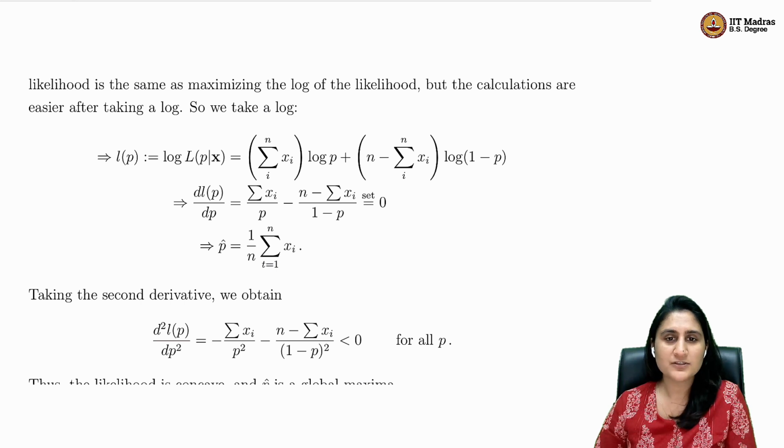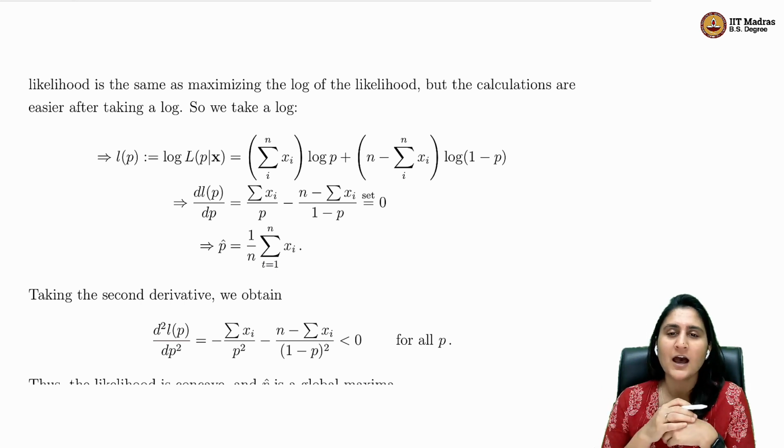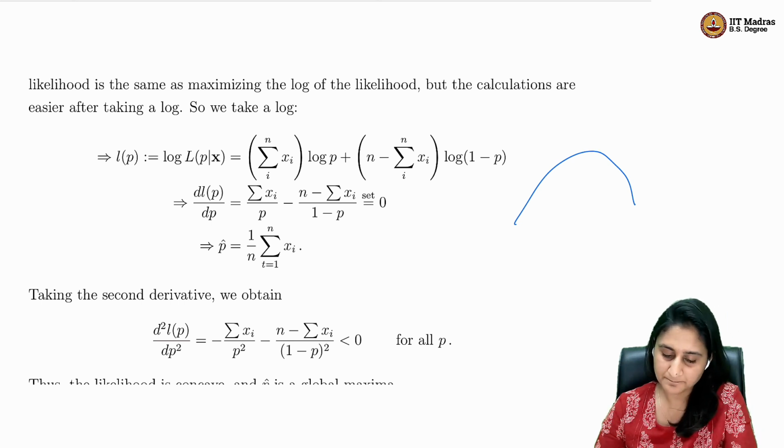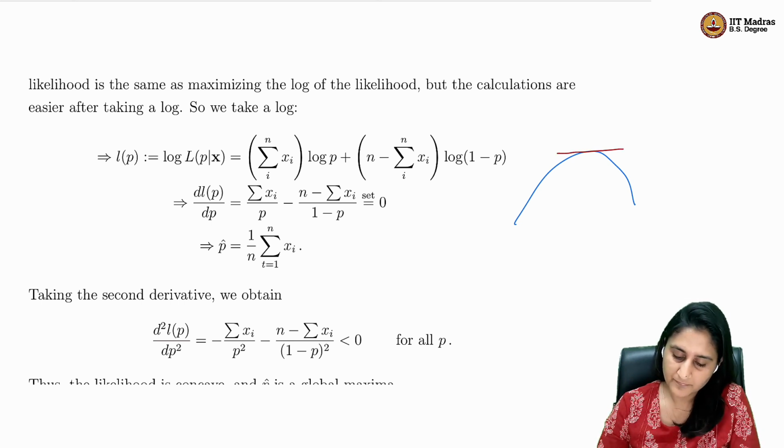And what I'm going to do now is, because I want to maximize it, in order to maximize a function, I know that I can look at the first derivative. If this is, let's say, my function, the derivative over here is nothing but the slope of the tangent line, right?